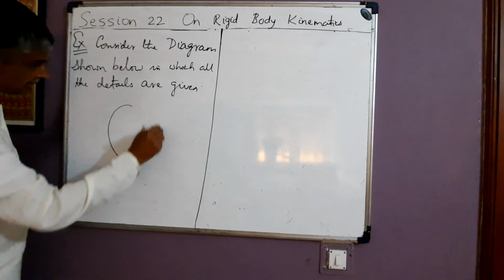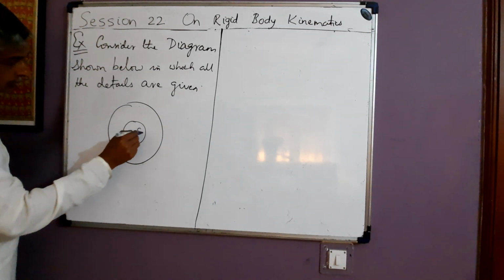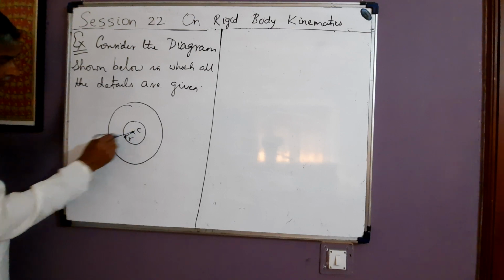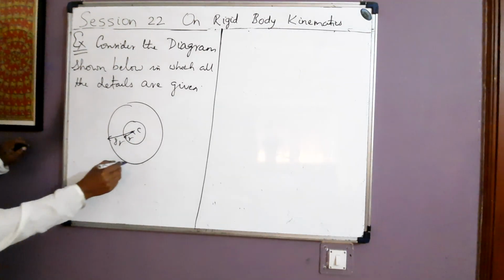So see, this is a double cylinder whose center is at C, inner radius is R, outer radius is 8R.